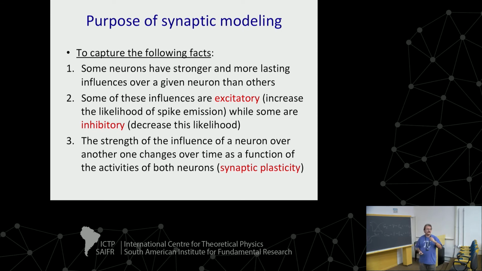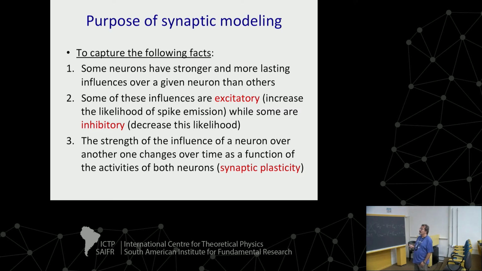So what's the purpose of synaptic modeling? It's to capture the following facts. Some neurons have stronger and more lasting influences over a given neuron than others, so one wants to model this in a network model. Some of these influences are excitatory, which means that they increase the likelihood of a spike emission by a cell, while some are inhibitory. They decrease this likelihood.